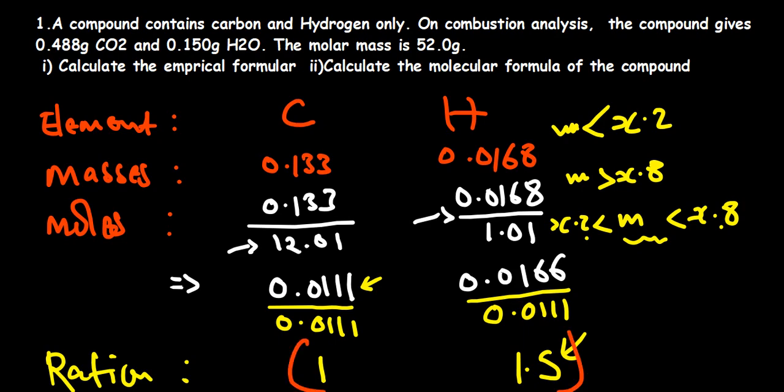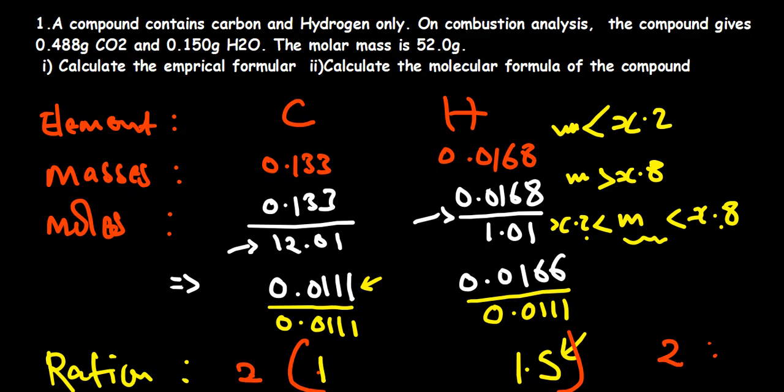So if I multiply this one by 2, I'm going to get 2, and on the other part, if I multiply this by 2, I'm going to get 3. So it means these two here are my ratios for my empirical formula.